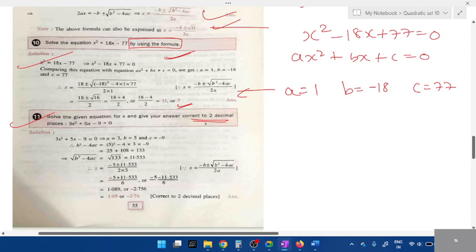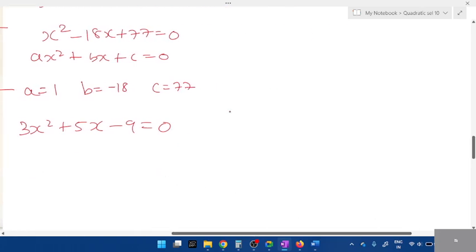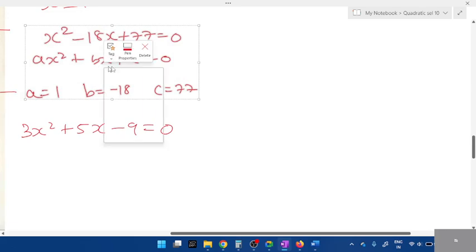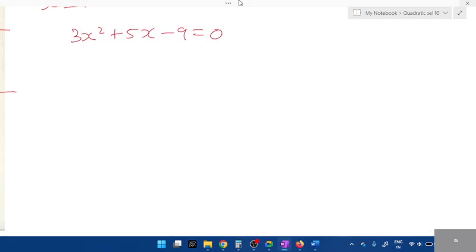Okay, next one is correct to 2 decimal places: 3x square plus 5x minus 9 is equal to 0. Tell me what is a, b and c in this? Minus 9.